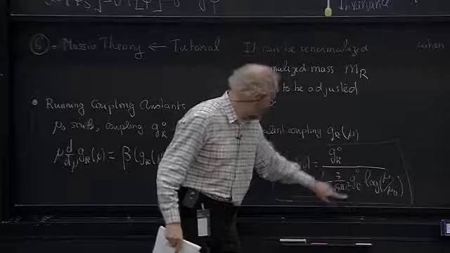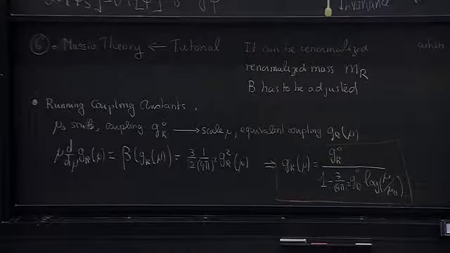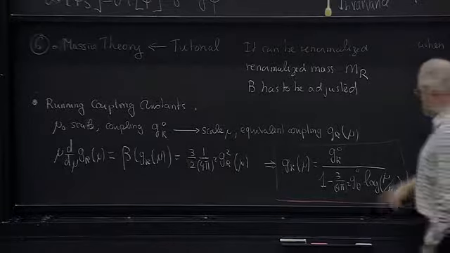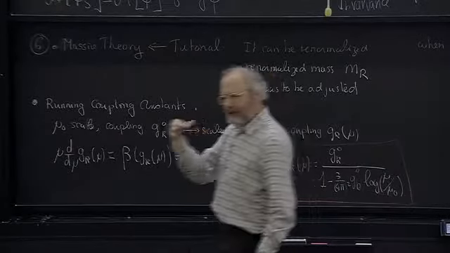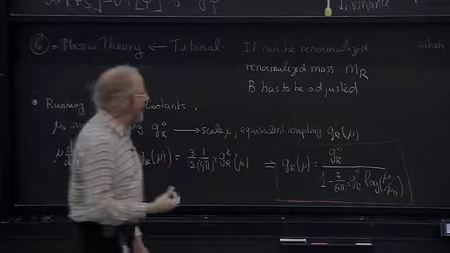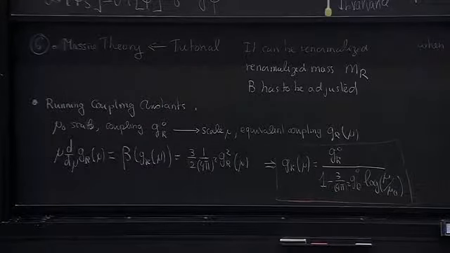So the denominator becomes very positive. So g_R of mu goes to 0, and it goes to 0 as, in fact, 1 over log of mu. This means that the effective coupling at large distance, at low energies, goes to 0.